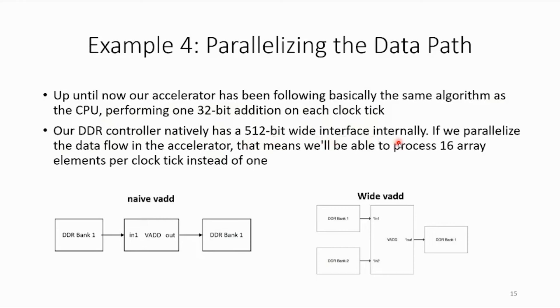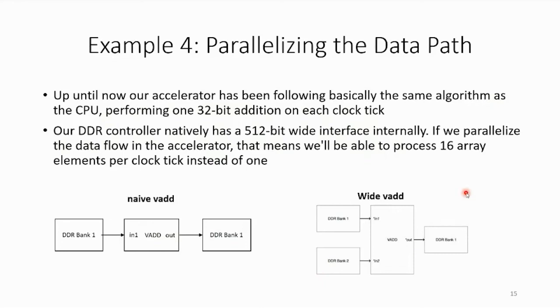So if we maximize the parallelism, we can process 16 array elements per clock tick instead of 1. This is the naive vector accumulate, with just one DRAM bank and one output bank. And this is the wide vector accumulator. This is just a simple case, so it just has 2 DRAM banks.